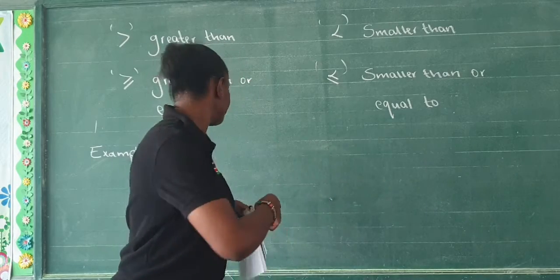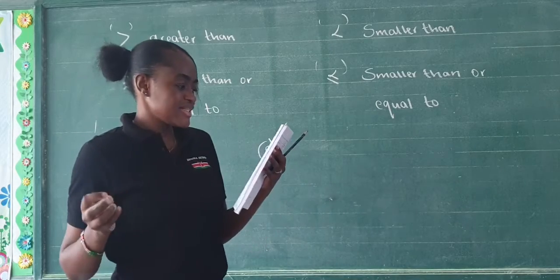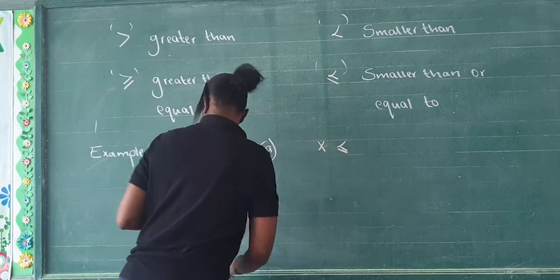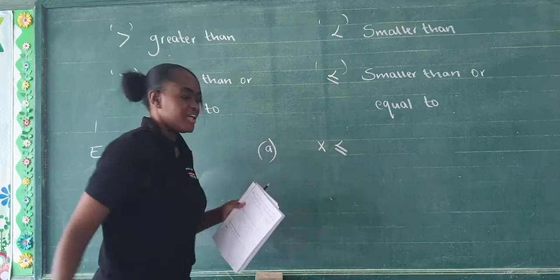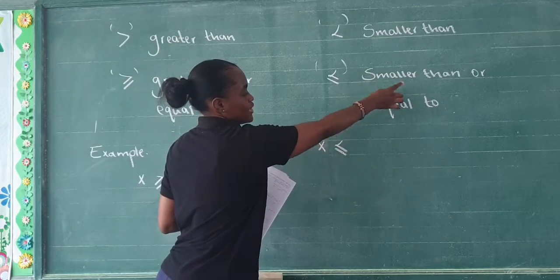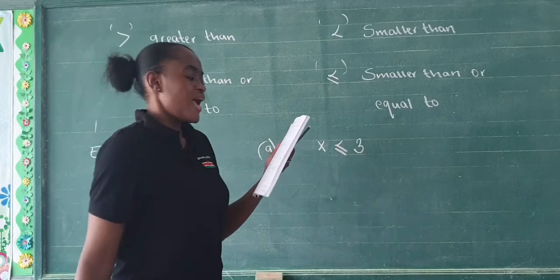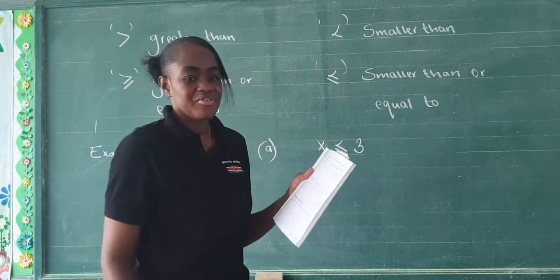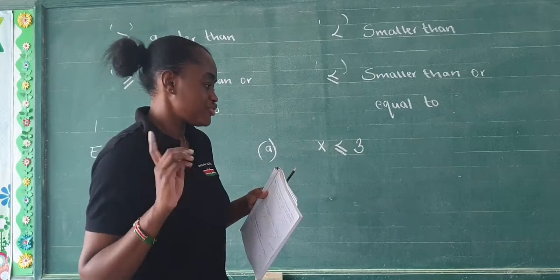Let's try A. A says given x is smaller than or equal to 3, and x is the number of children in each family in a certain area. Write the relationship that represents that inequality, okay? So we are going to write together.